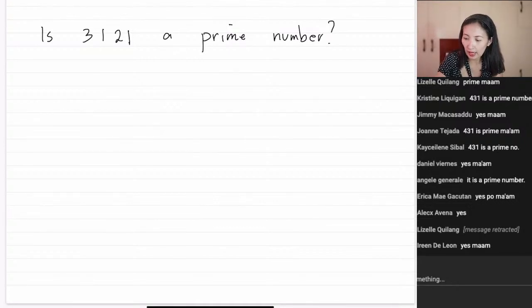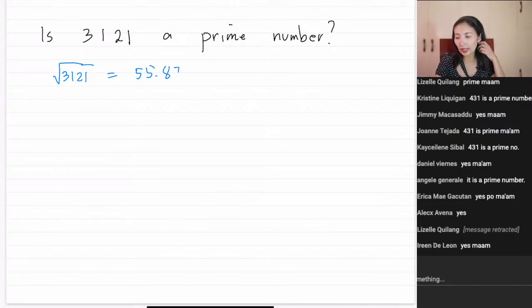So we extract the square root of 3,121. The square root of 3,121 is equal to, konti lang, 55 point something. 55.87. So I could begin with 55.